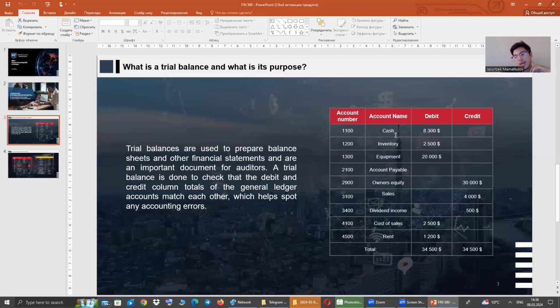Let's look at cash. We have cash in our hands, let's say 8,300. It's a debit. Inventory, maybe raw materials or other things, we have 2,500 in stock. So overall, debit and credit must always be equal, and we must keep that in mind.